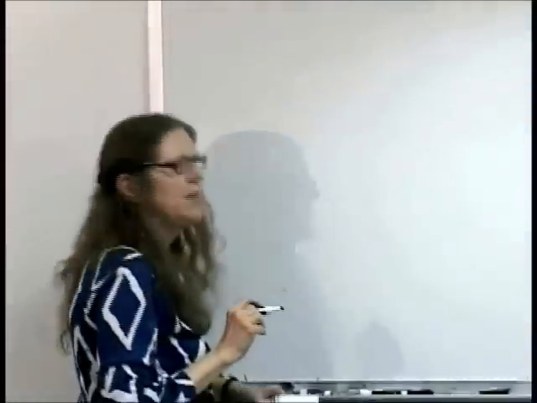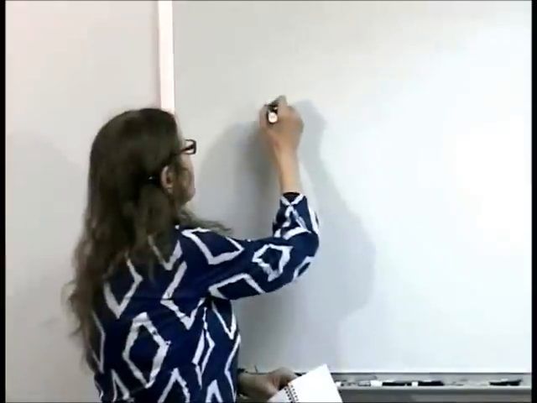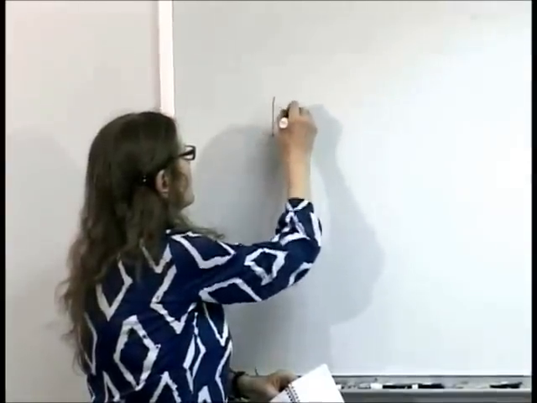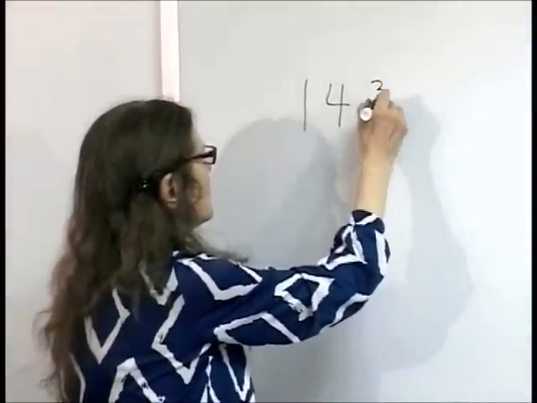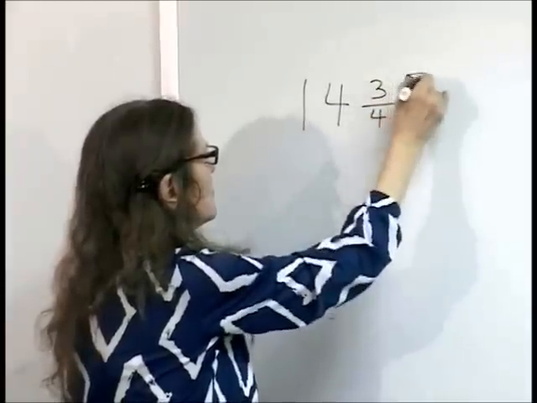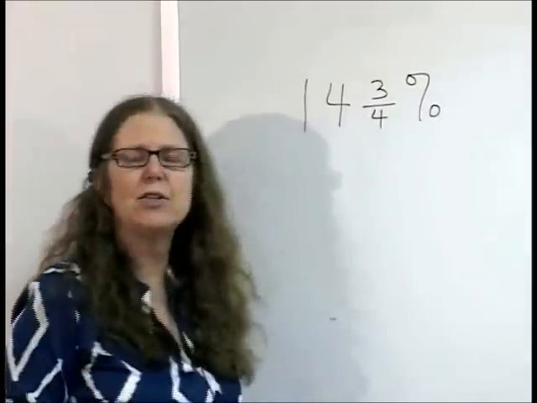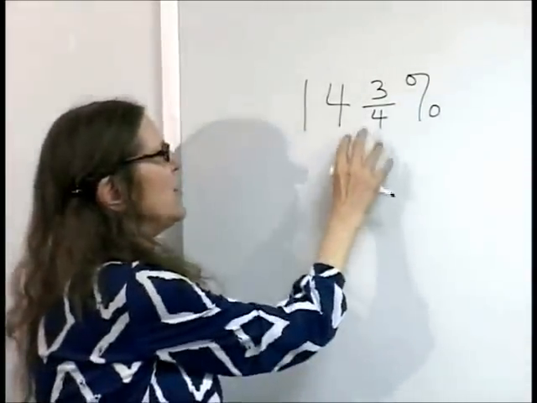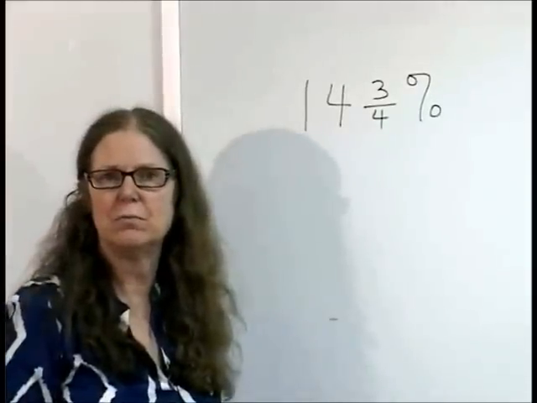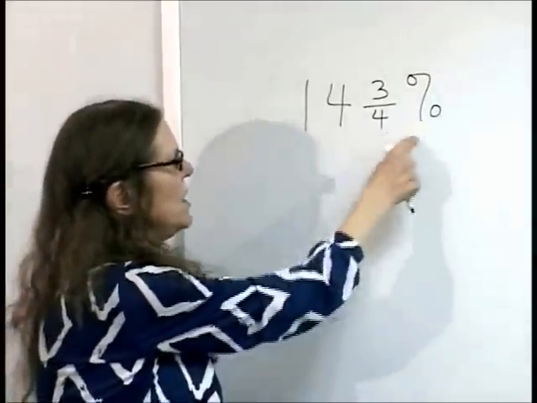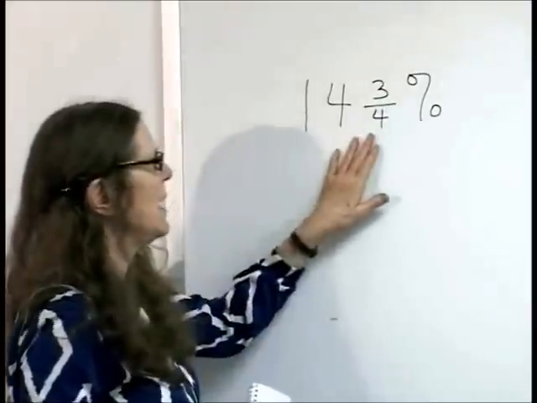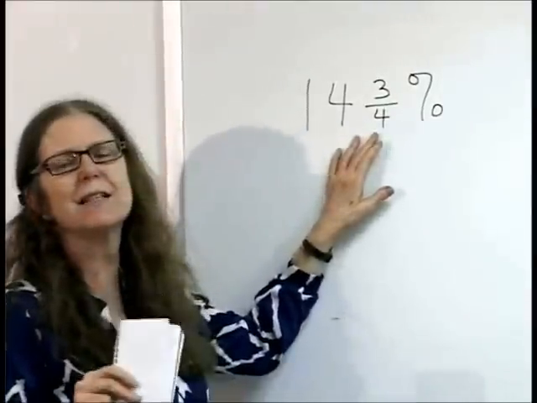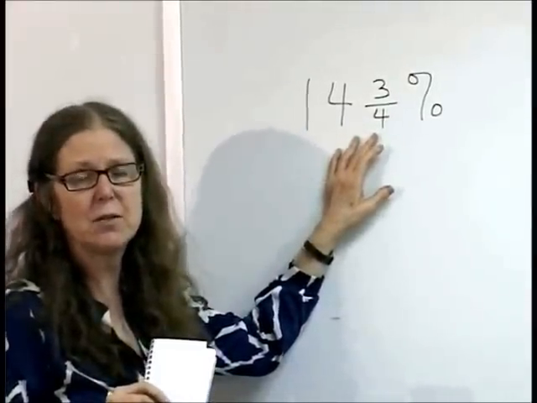Suppose you have a number and you have the problem, change this to a fraction. Okay, it's 14.75%. Now I want you to understand this means a little less than 15%.